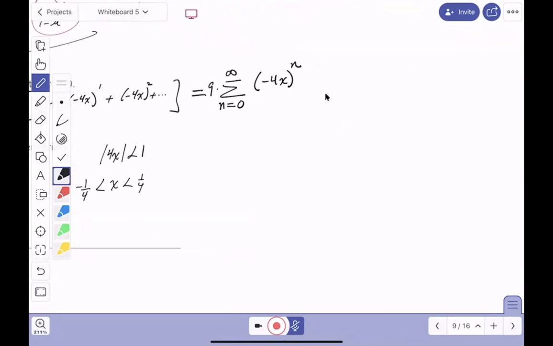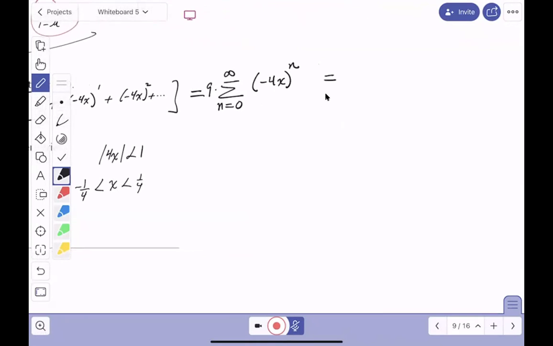I'm going to write it a little bit differently: minus 4 to the n times x to the n, understanding x is between 1/4 and minus 1/4.